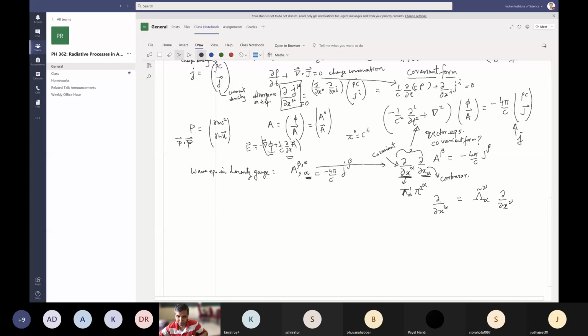You can actually show this. So this operator transforms like a covariant vector, so that you can actually think of this operator as a covariant vector. Okay, so this is the wave equation.